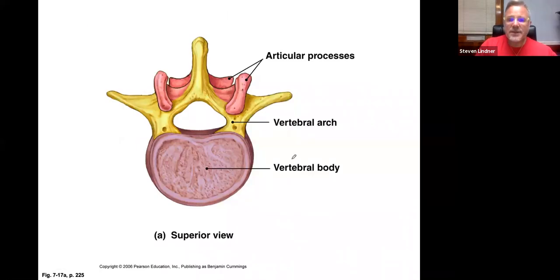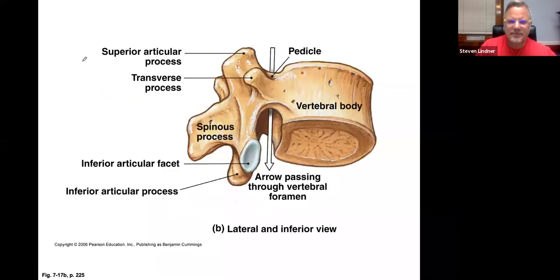So you can see the vertebral body. Here, this would be a pedicle. This would be a lamina. When the laminas fuse, they create a spinous process. Here are your transverse processes. From the side view, there's your transverse process, and the spinous process.